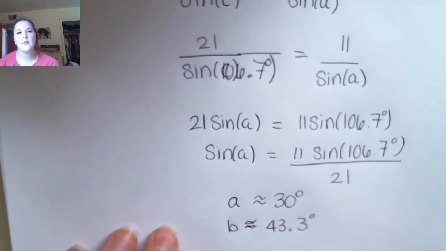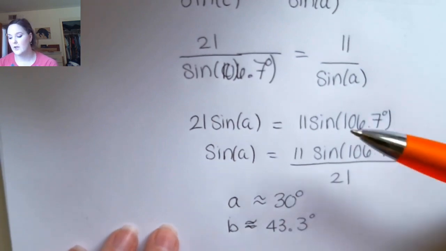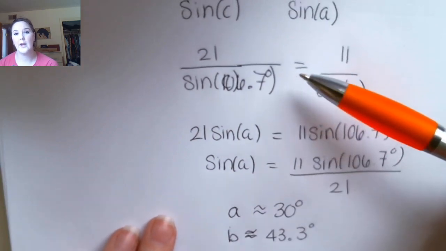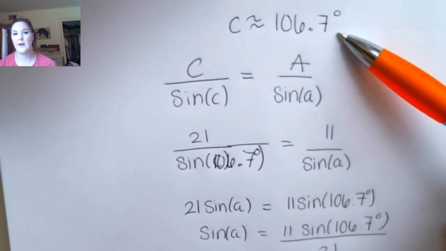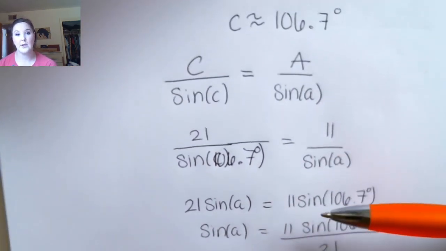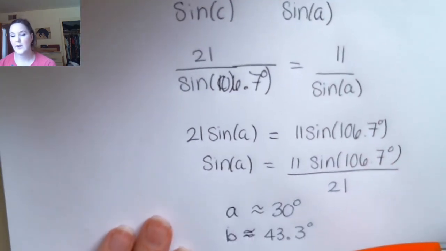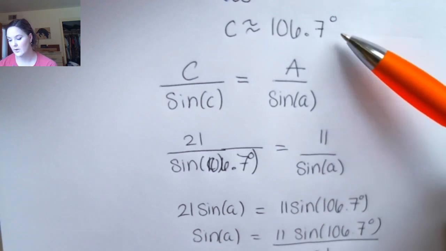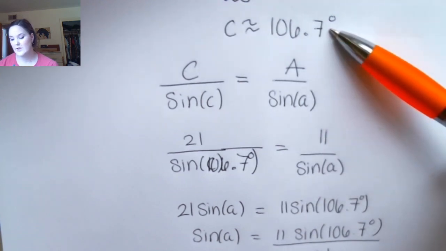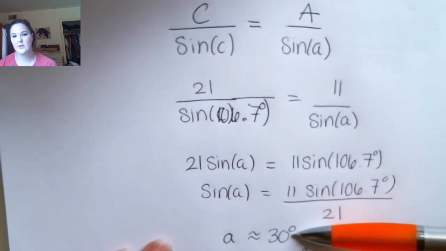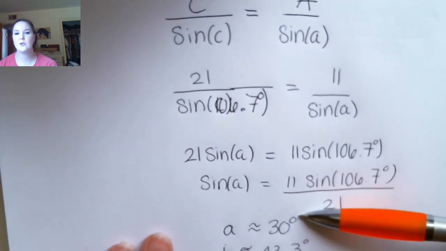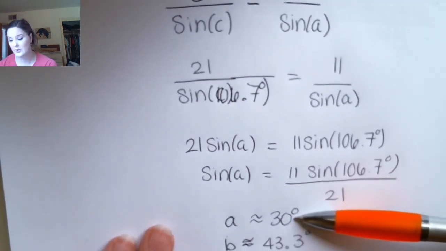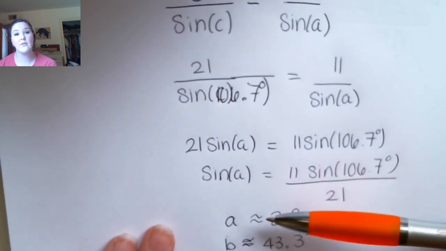Now, we found out yesterday, in the previous video, that when you have only one angle, like we do here where we only have C, this is the ambiguous case. So you might check here if it's possible to have a different triangle. If C is 106 and A is 30, the coterminal angle for A that has a reference angle of 30 degrees would be 150.